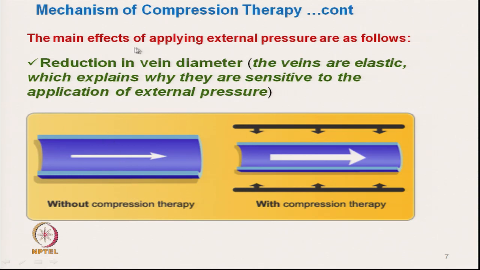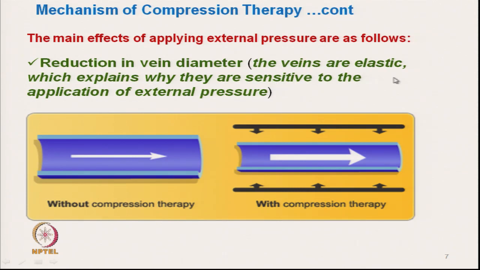The main effects of applying external pressures are reduction in vein diameter. So, this is without any compression therapy, the diameter of the vein is more, and once we use the compression bandage, it reduces the diameter of the veins.